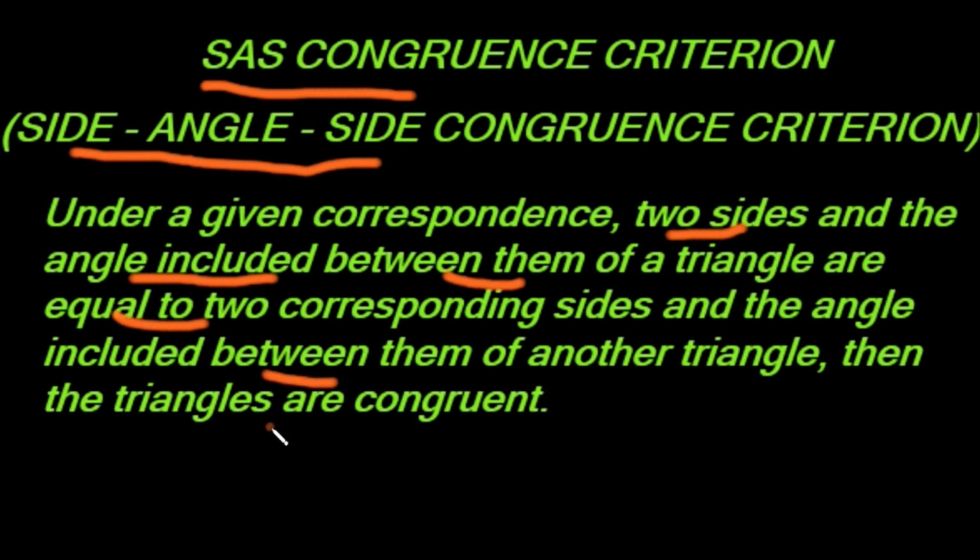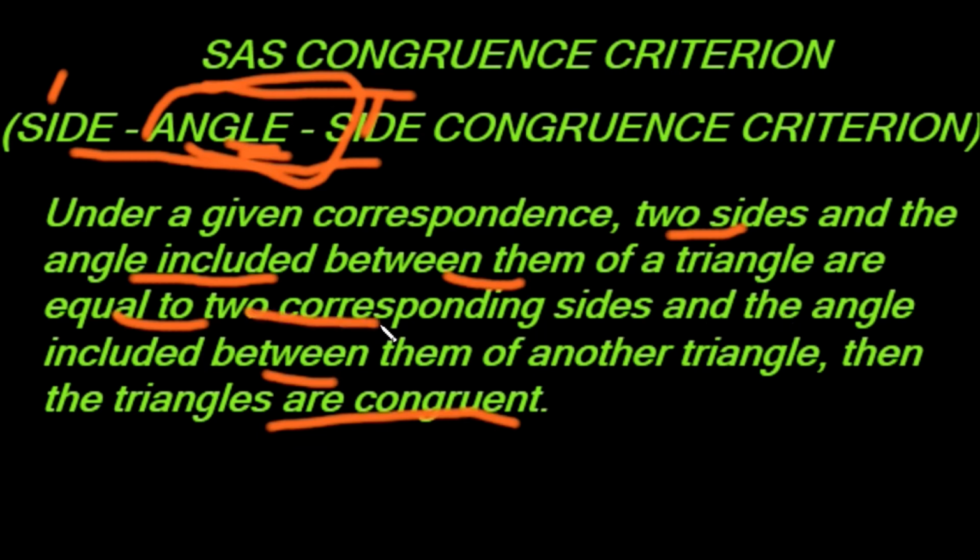Then the triangles are said to be congruent. See here, there are two sides and one angle. So, two sides and the angle that is included, that is in between the sides of one triangle, will be equal to the two corresponding sides and the included angle between them of another triangle. Then the triangles are said to be congruent.